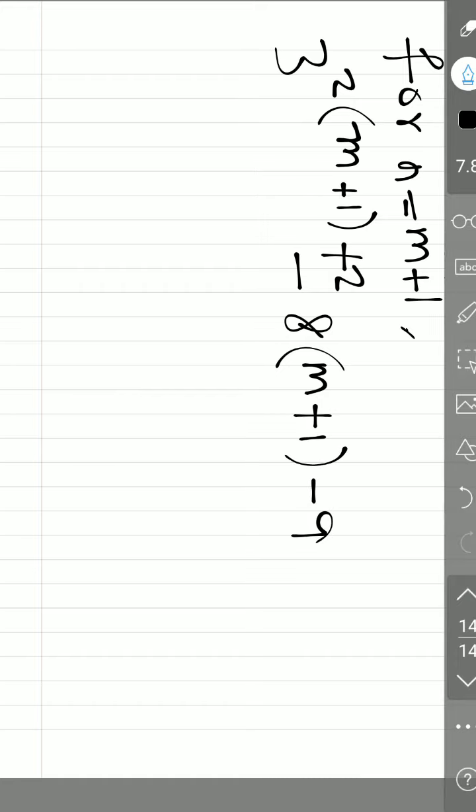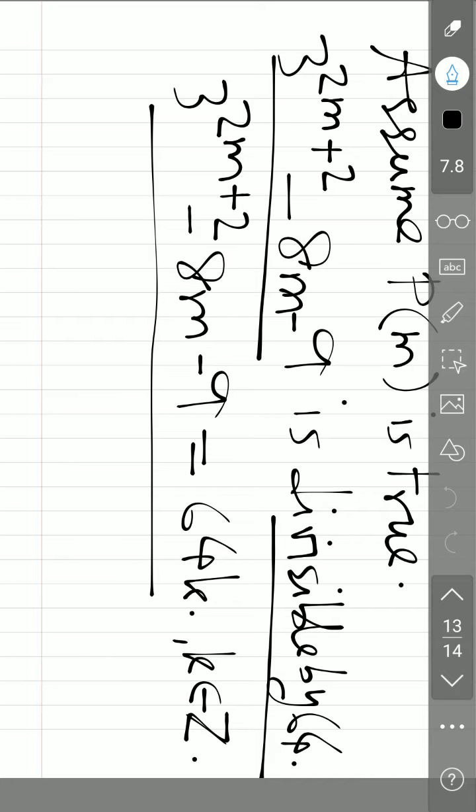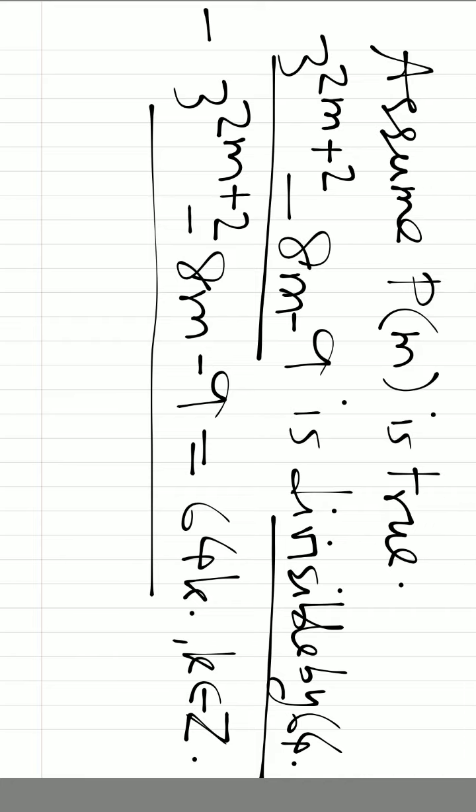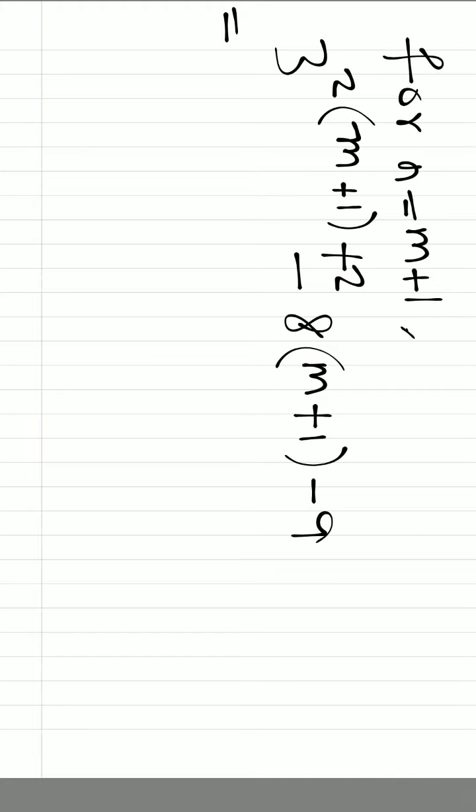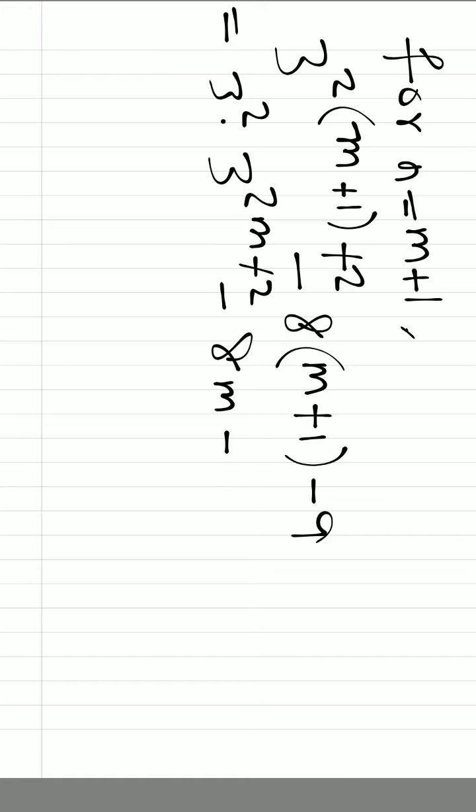Since we have to use the mth statement, that is Pm, that is this equality we have to use, we are keeping 3 to the power 2m plus 2 as it is in the expression of Pm plus 1. So we can write this thing as 3 square into 3 to the power 2m plus 2 minus 8m minus 8 minus 9, that is minus 17.